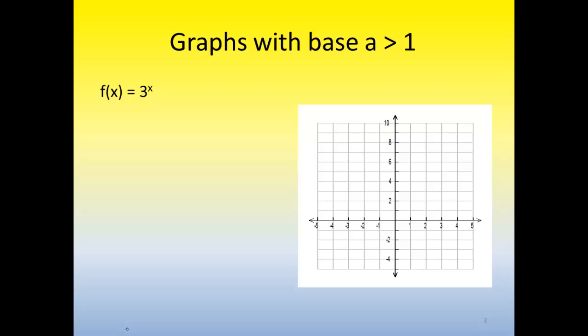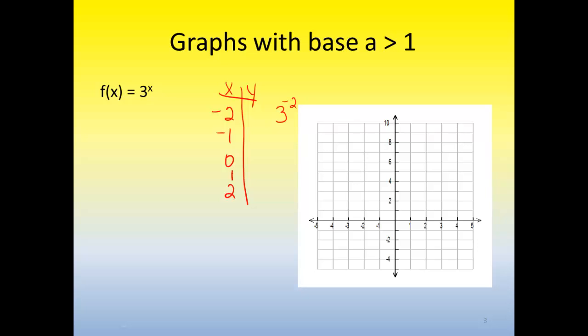So let's see what happens when I have a base bigger than 1. So in this case, 3. Let's go ahead and make our t-chart for this to get a feel for what this looks like. So if I start with negative 2, 3 to the negative 2 power.